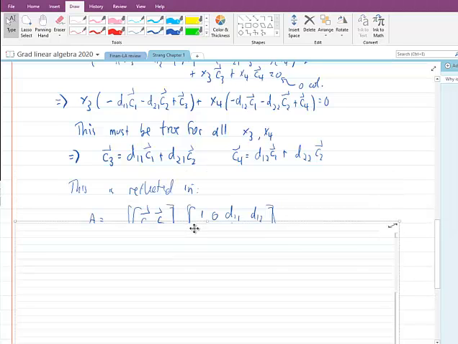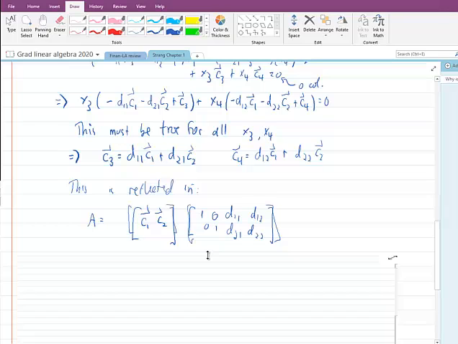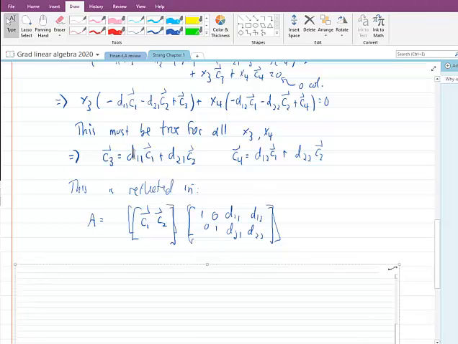All right? So in fact, if you work this out, this column relationship is exactly expressed in this matrix multiplication. If I'm going to take the third column of this matrix product, that's going to be the third column of the matrix on the right times the matrix on the left. What happens when I multiply this two-column matrix C1, C2 times this two-entry vector D11, D21?